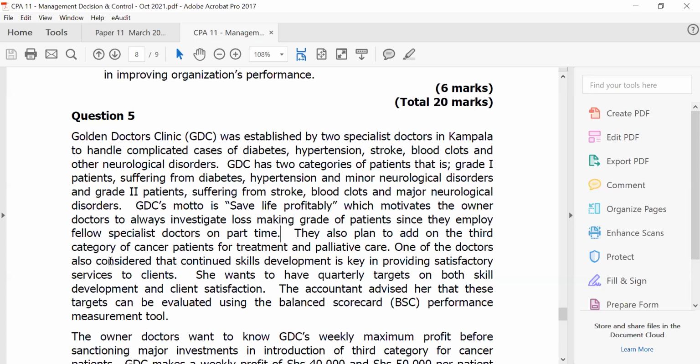One of the doctors also considered that continued skills development is key to providing satisfactory services to clients. She wants to have quarterly targets on both skill development and client satisfaction. The accountant advised her that these targets could be evaluated using the Balanced Scorecard performance tool.